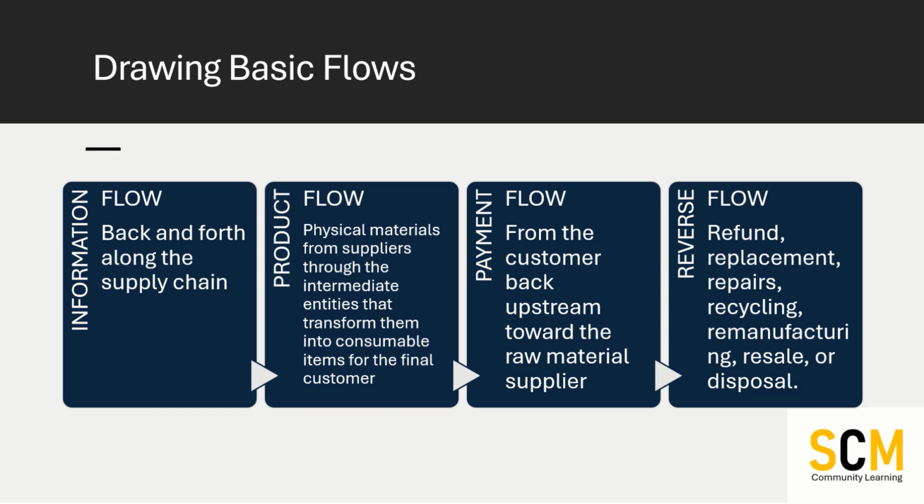And the money flows from the customer back upstream toward the raw material supply. And the reverse flow, we are talking about refund, replacement, repairs, recycling, remanufacturing, resale, or disposal.